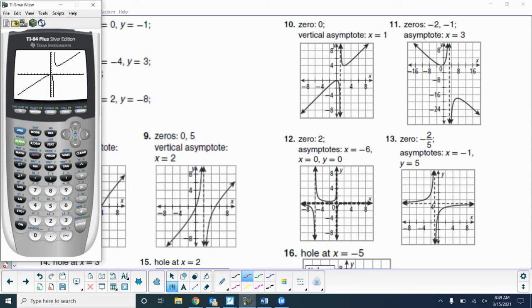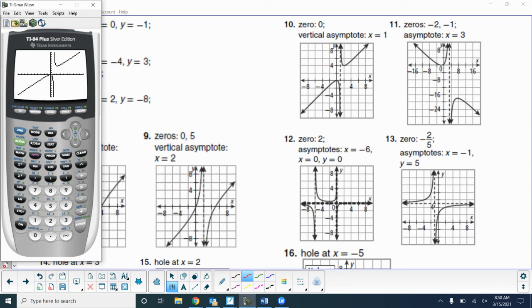If the bottom degree is bigger than the top degree, then it's always y equals 0. It's the x-axis. And like the second warm-up problem, if the degrees are the same, then it's whatever's in front of the top divided by whatever's in front of the bottom, the leading coefficients.